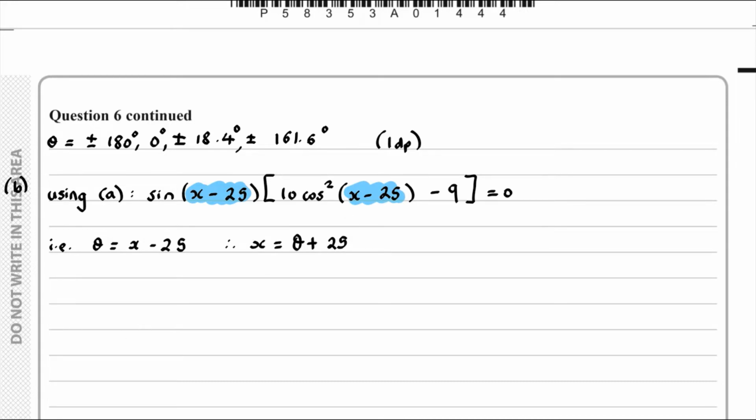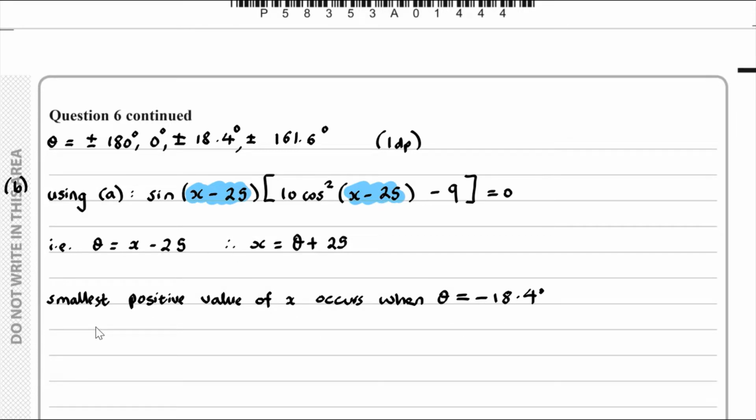So let's just write that down. The smallest positive value of x occurs when theta is equal to minus 18.4 degrees.